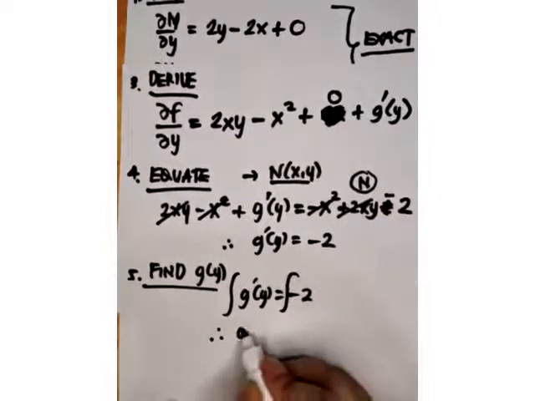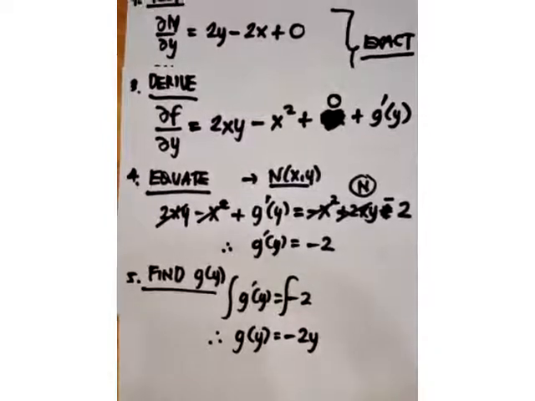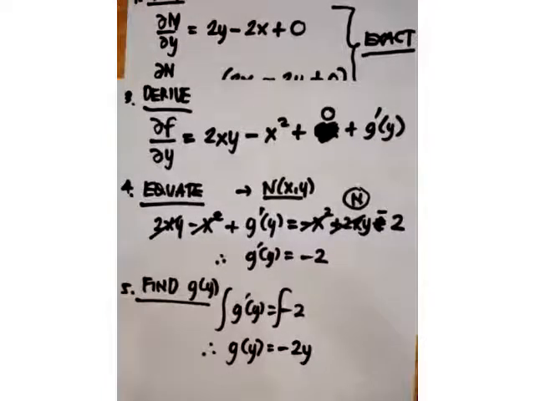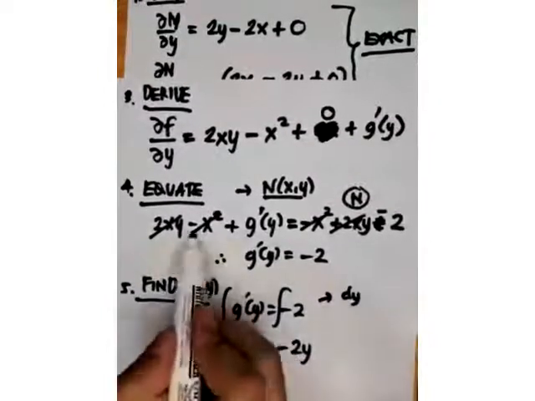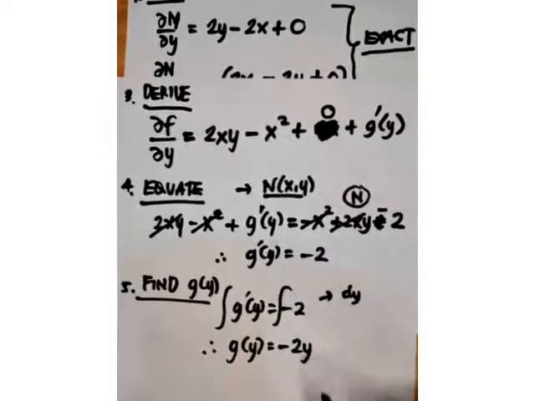So, therefore, g of y is equal to negative 2y. Kasi may dy dito. Hindi na kasi natin sinusulat yung mga dy dito kanina. May dy din na, di ba? Maging siyang negative 2y.